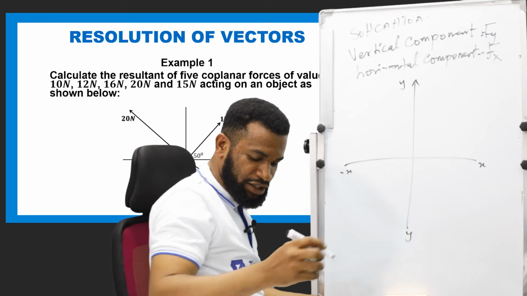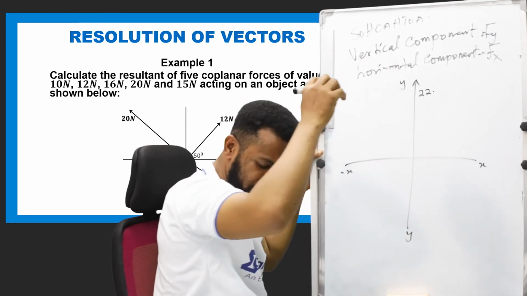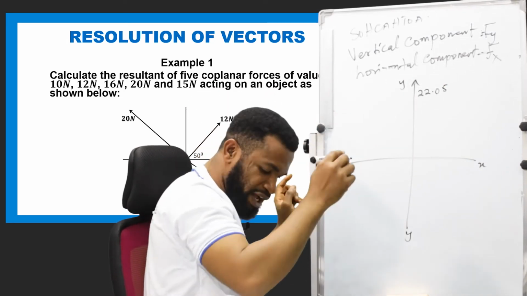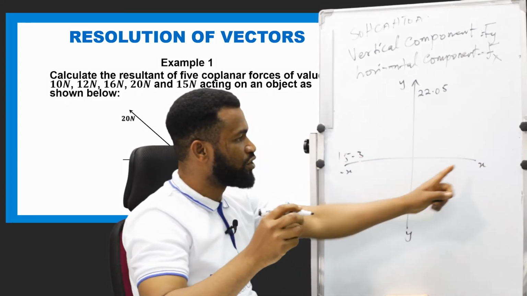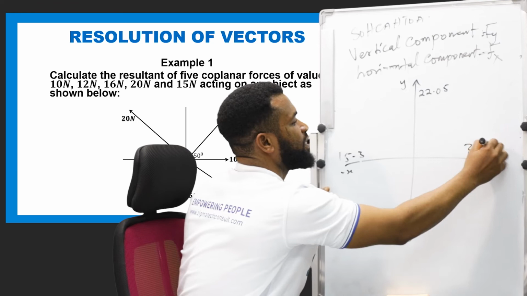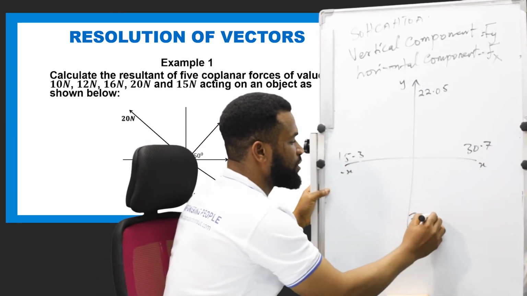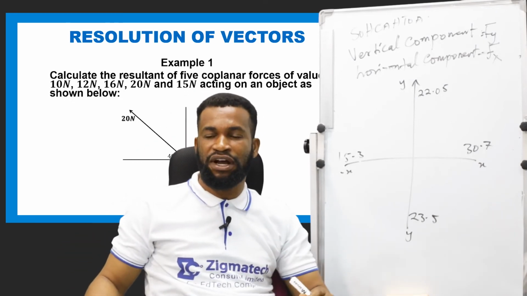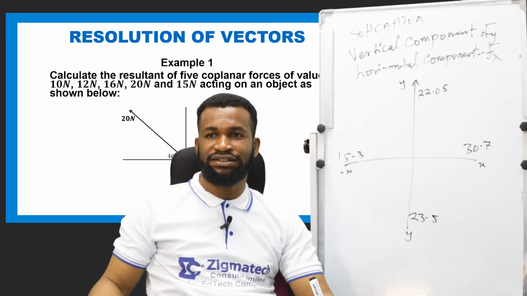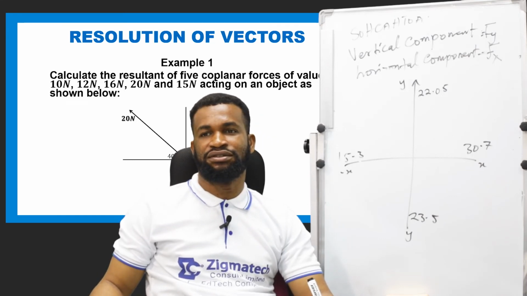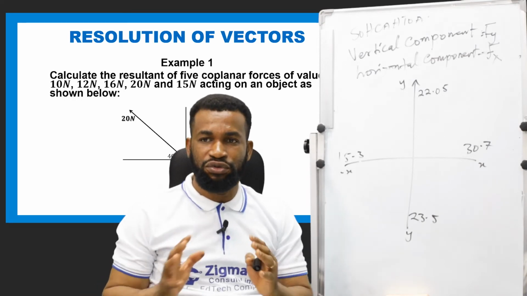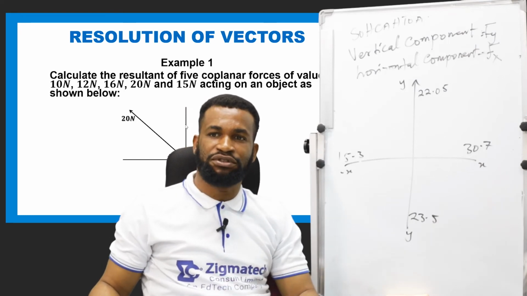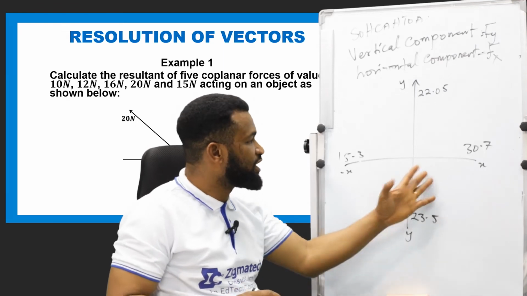Now, everything on the vertical gave me 22.05, and on this part we have 15.3, on this part we have 30.7, on this I have 23.5, all right? So see what I mean? When you resolve, remember we resolve this one vertically and horizontally. So when you do that, you record all of them and add everything that came to the horizontal axis, add all that came to the vertical, and when we did that, these are the forces we had.